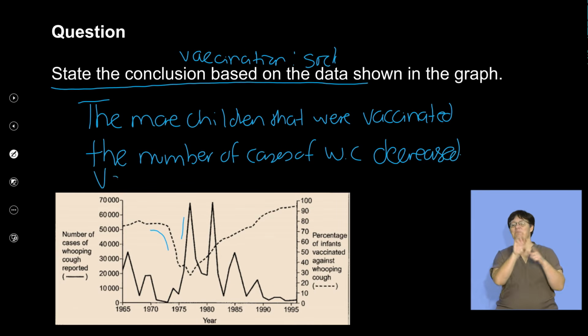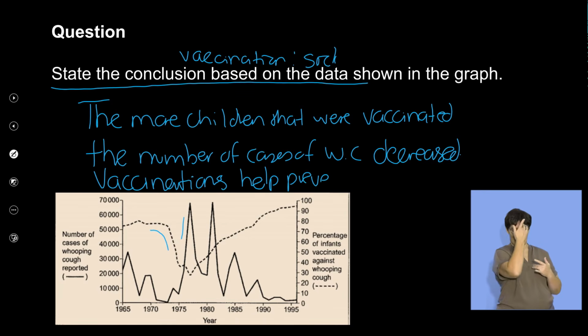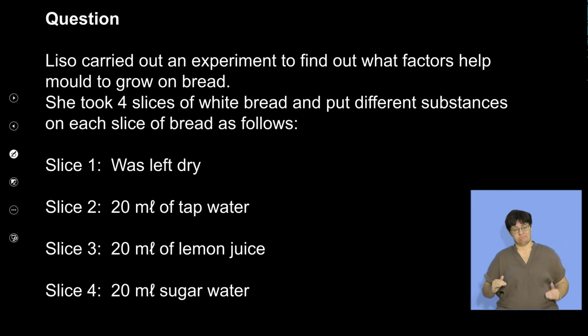That vaccinations help prevent the whooping cough. So that's what I noticed. Looked at our trends. When the cases of children went up, it's because the number of children were not being vaccinated.